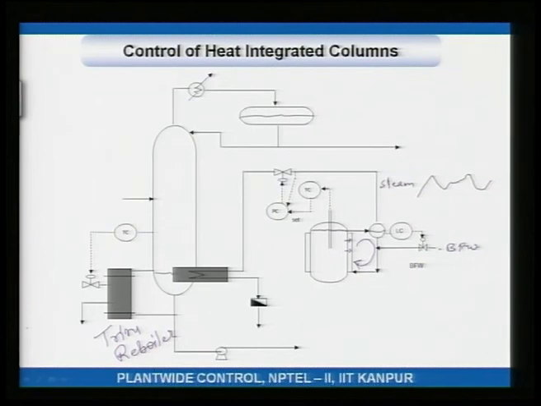How does this work? The steam rate from the reactor fluctuates. So, this is going all over the place. Because of this, the temperature starts to go up or down. As the temperature is going up or down, the steam rate in the trim reboiler goes down or up, so that the temperature is brought back to set point.